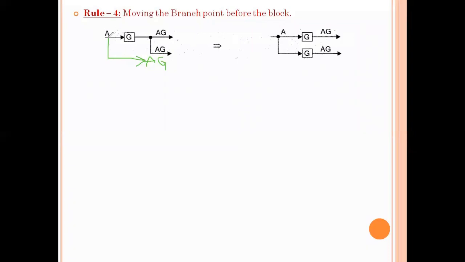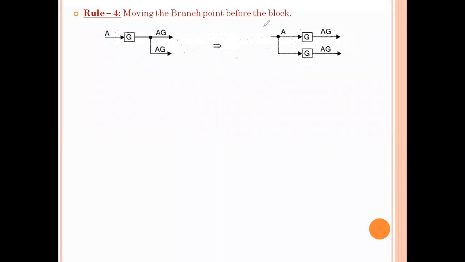But here the input is A, which is directly coming here. But we need to get G also, A into G. That means here we must add a block having the gain G. Then A into G will give the output AG.